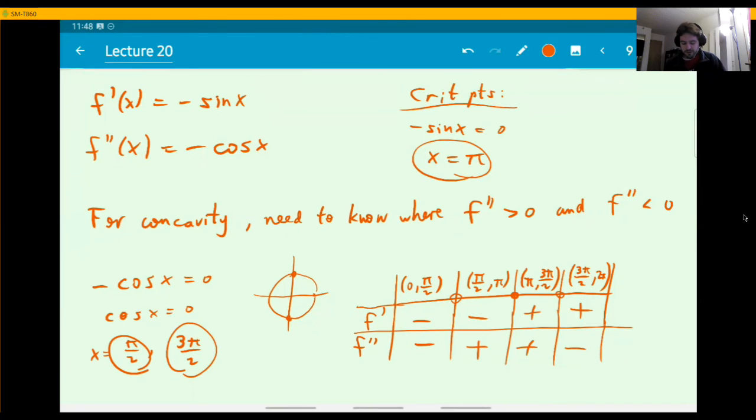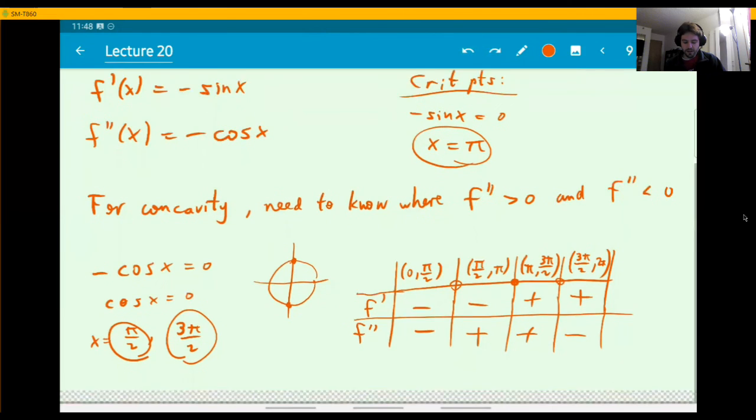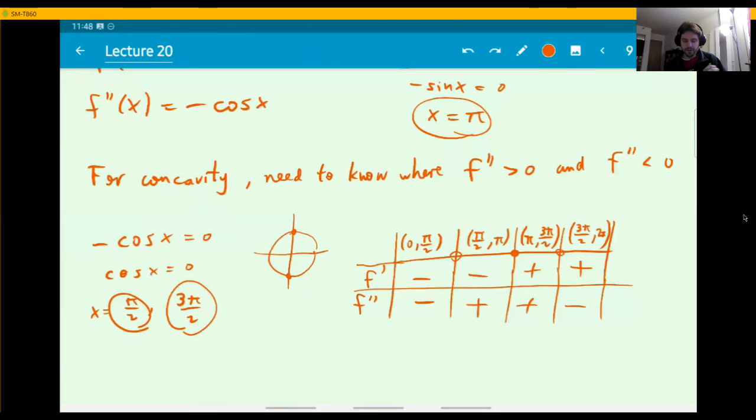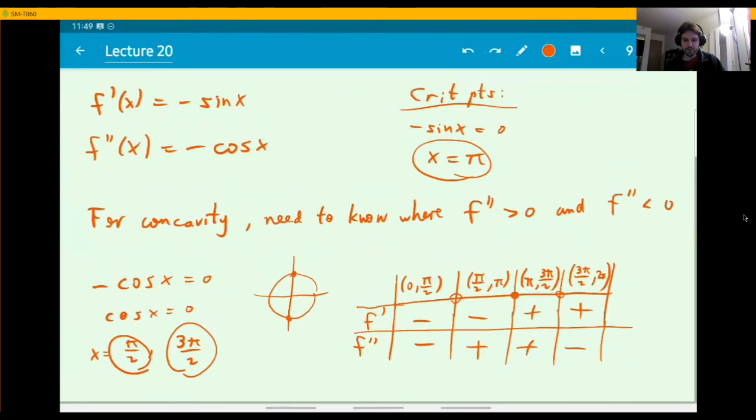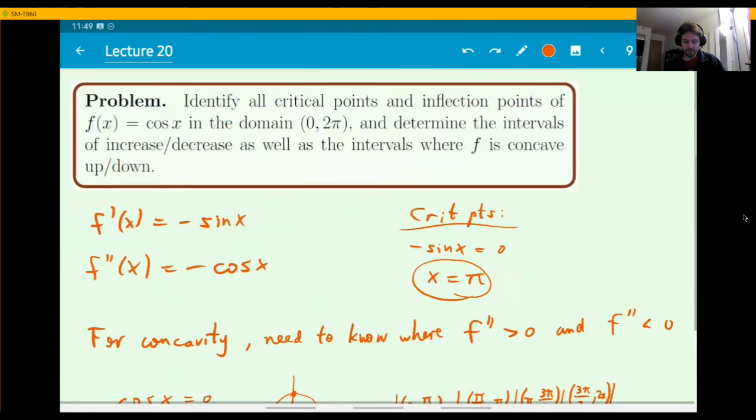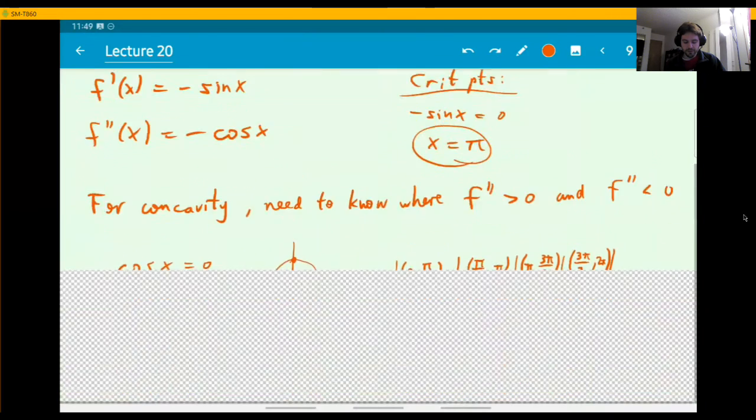So what I'm doing is just plugging in angles from each one of these pieces into the formulas for f prime and f double prime, which are up here. So this information right here gives you exactly what you need for intervals of increase, decrease, and intervals of concavity, which, going back to the problem, that's what they were asking for. So we can do that.